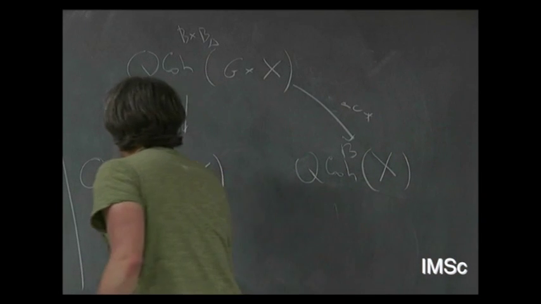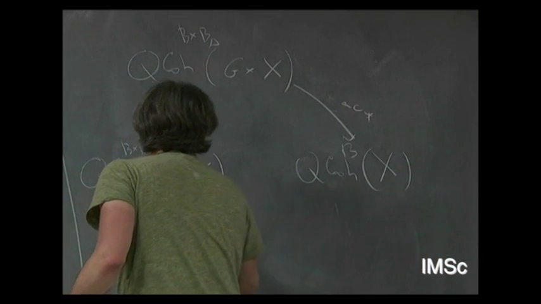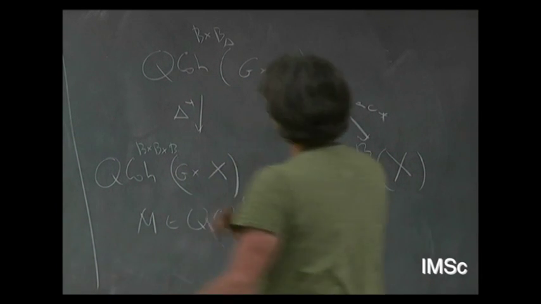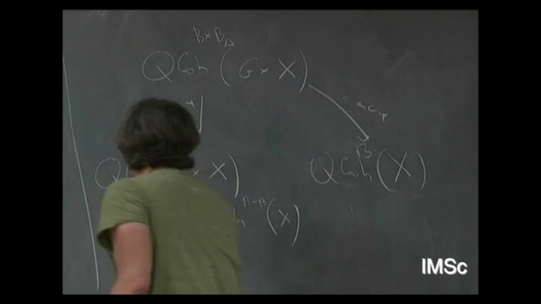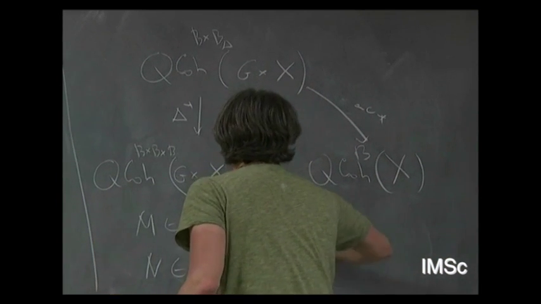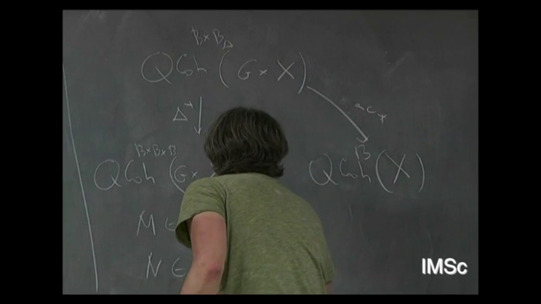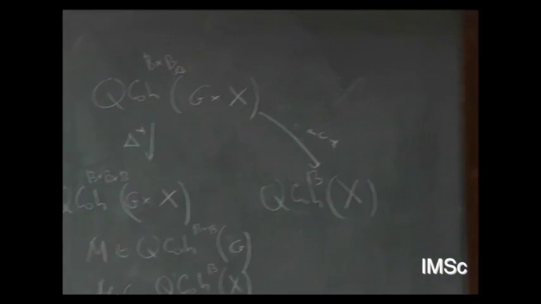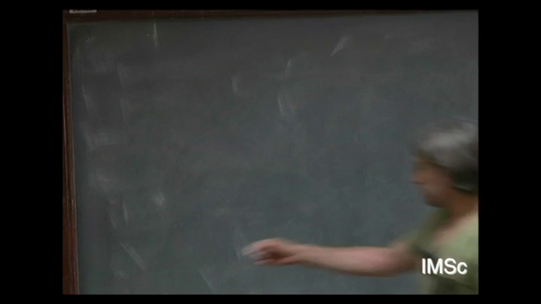Now let M be in my monoidal category and N be in the category on X. So, what can I say?